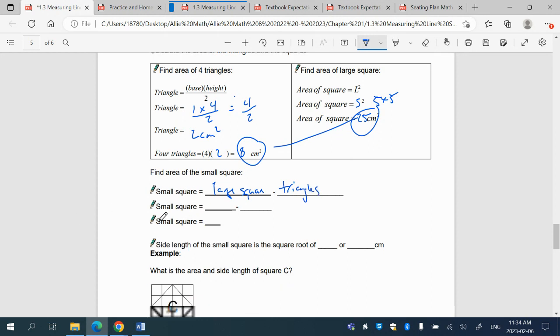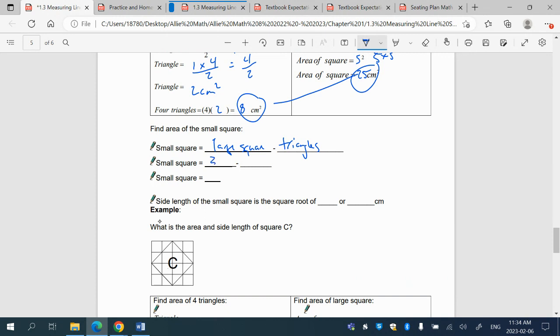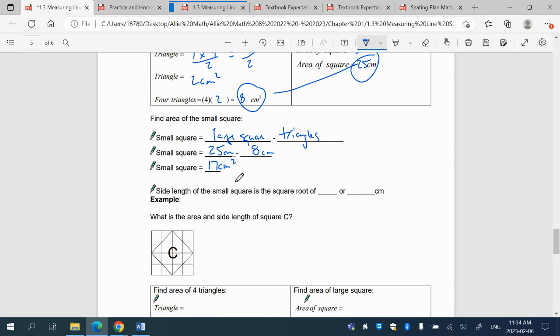Hope you can read that. That would be 25 minus 8, and you are left with 17 centimeters squared. Side length of the small square is the square root of 17 centimeters squared, or radical sign 17 centimeters.